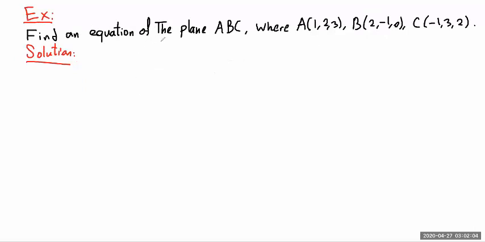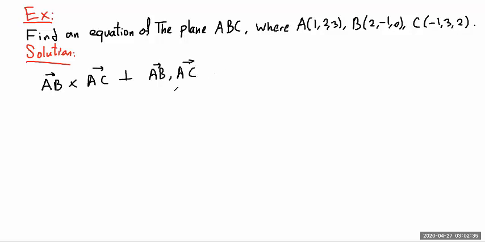Exercise. Find an equation of the plane ABC where A, B and C are given. The problem is how to find the normal vector, the vector orthogonal to the plane. Remember that always the vector AB cross product AC will be orthogonal to each of AB and AC.